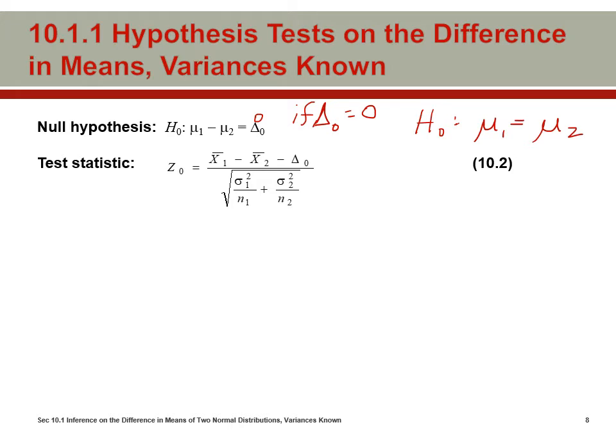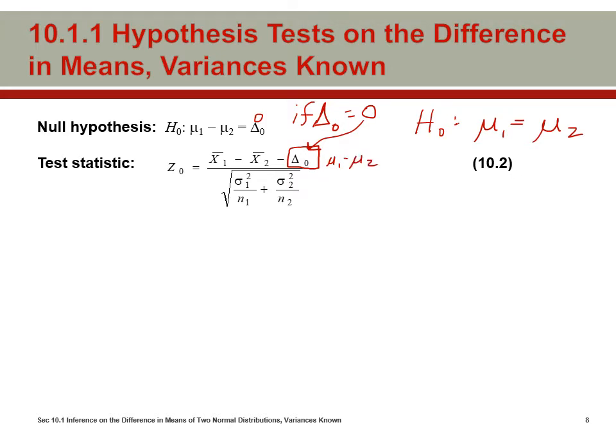And that delta naught is what goes in for mu1 minus mu2. That delta is mu1 minus mu2 hypothesized.